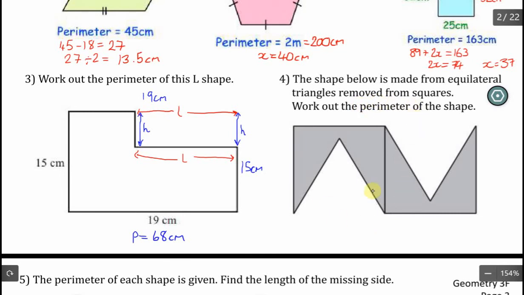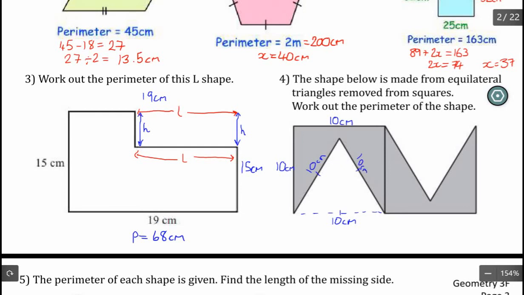Now I think there was meant to be a length given here, so let's just call it 10 centimeters. So if this length here was 10 centimeters, then that means, because these are equilateral triangles, these must be 10 as well.